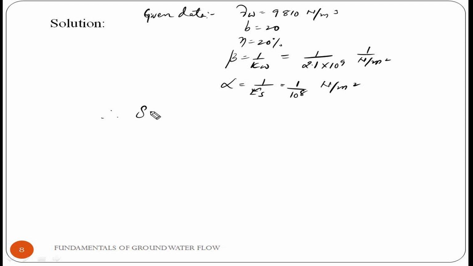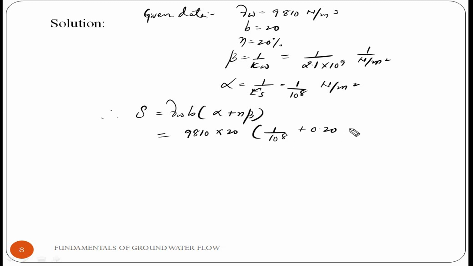We know the storage coefficient formula: S is equal to unit weight of water into B into alpha plus n into beta. So 9810 into 20, into 1 divided by 10 to the power of 8 plus 0.20 into 1 divided by 2.1 into 10 to the power of 9.